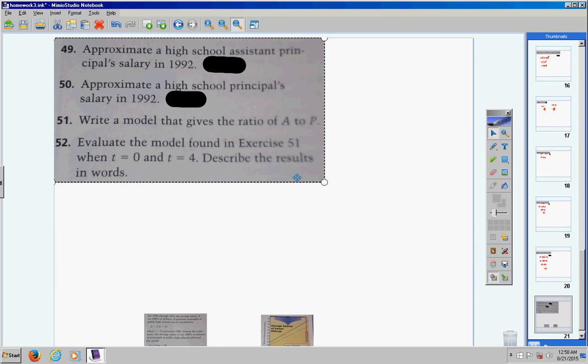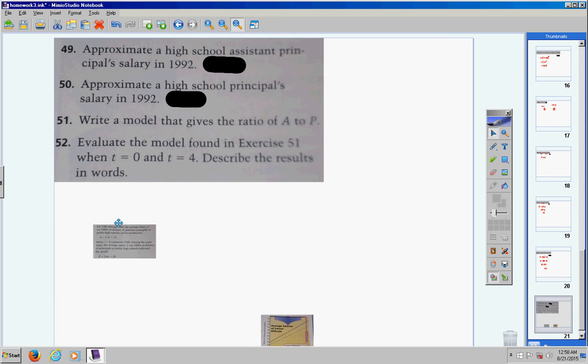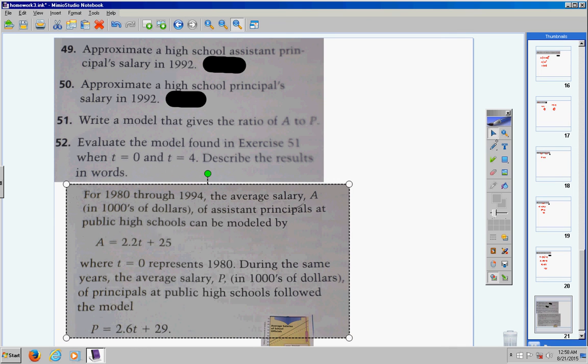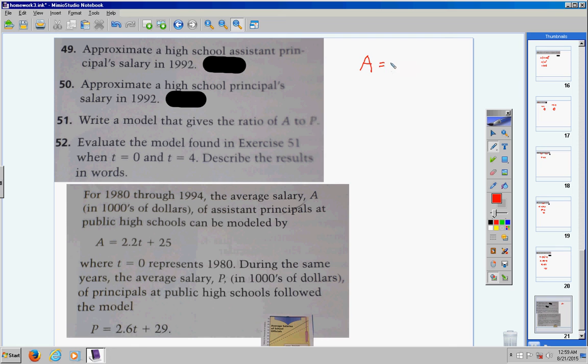Now, if you'll carefully read this here, it says, from 1980 to 1994, the average salary of an assistant principal is given by this model, okay, where t equals 0 represents 1980. So what that means is this. Here's my model for an assistant principal. Do you want to know how much money he made?